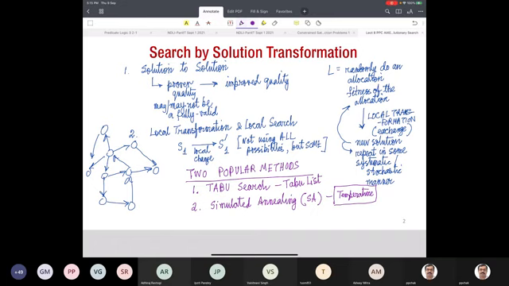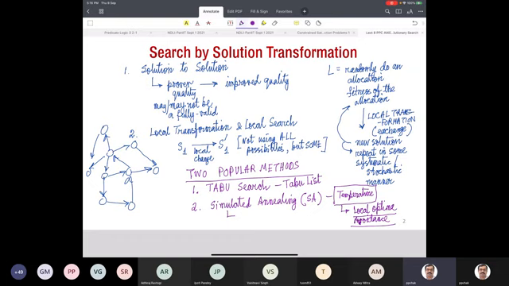So if you apply pure local search, then you can get stuck in what is called a local optimum. If you apply pure gradient descent search, then you will end up in a local optima like situation.